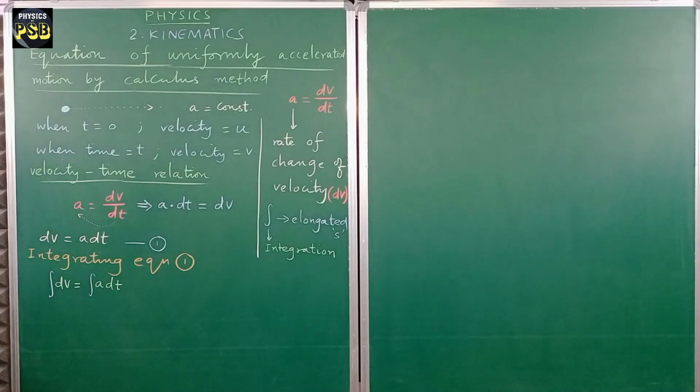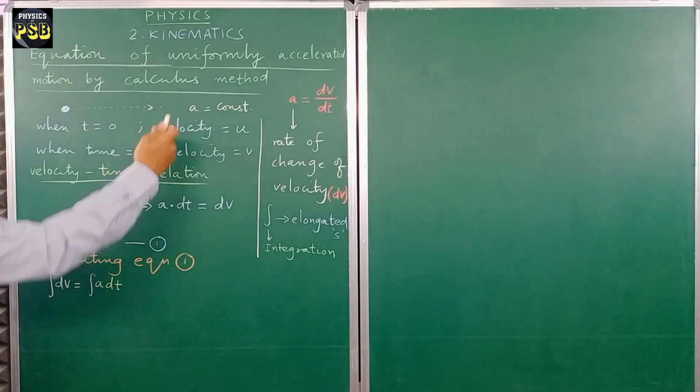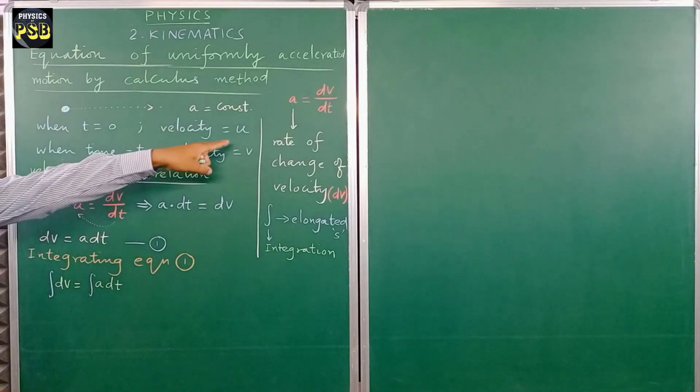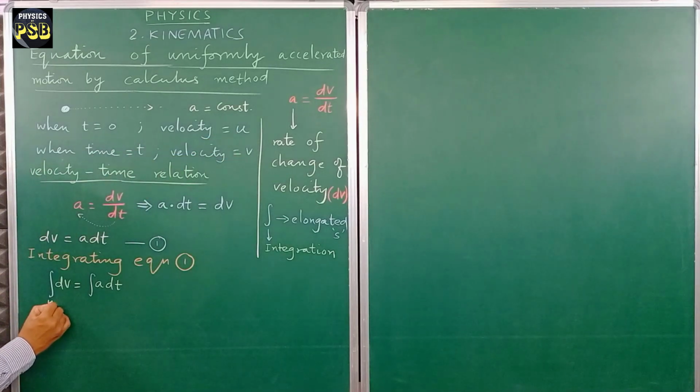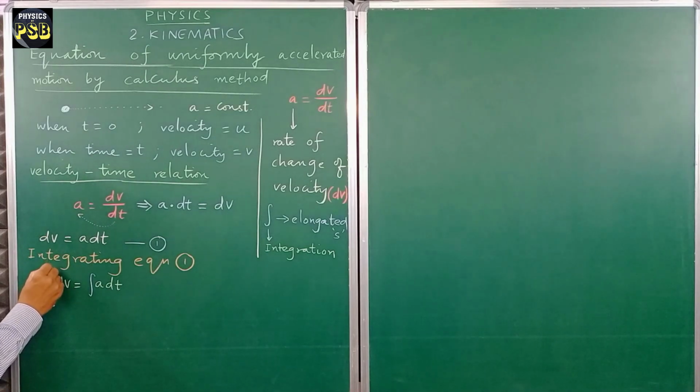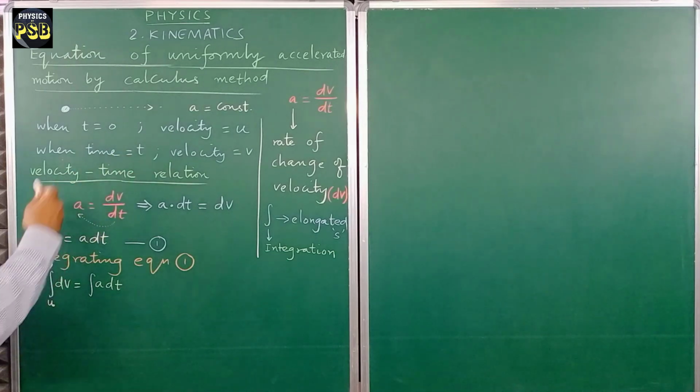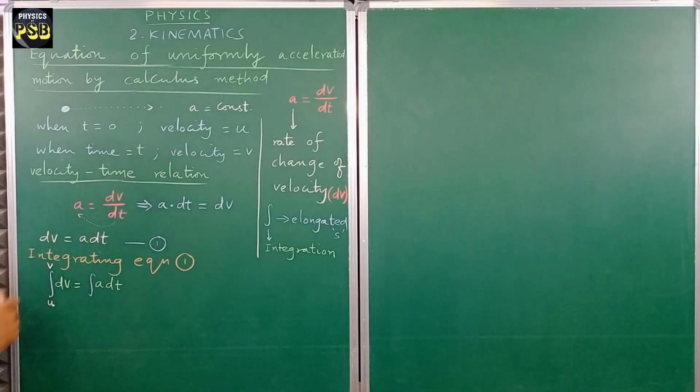Before doing so, I told you earlier the velocity varies between u and v. So initial velocity is u. This is the lowest value, or least value, of velocity, so it is mentioned at the bottom. We call this the lower limit, and the upper value, which is v, the final velocity, is mentioned at the top.